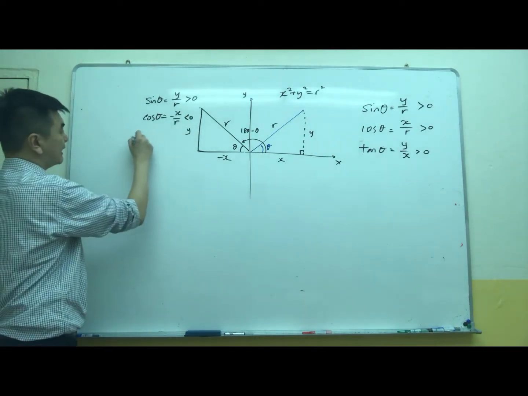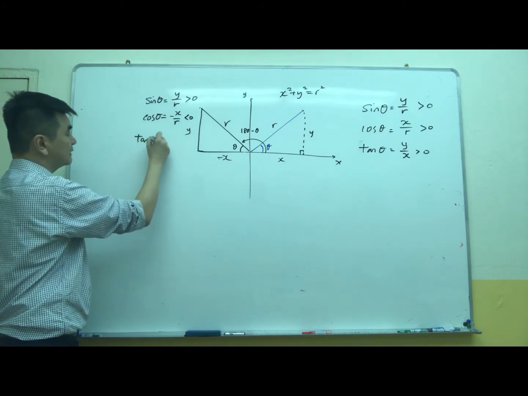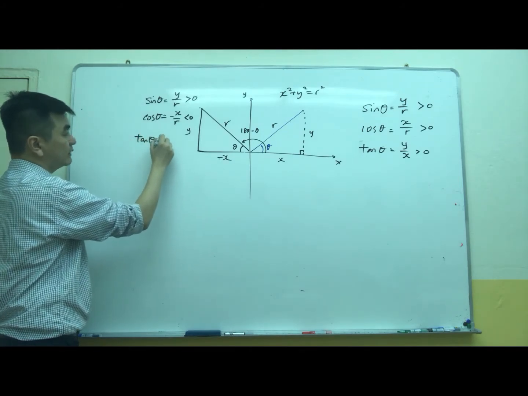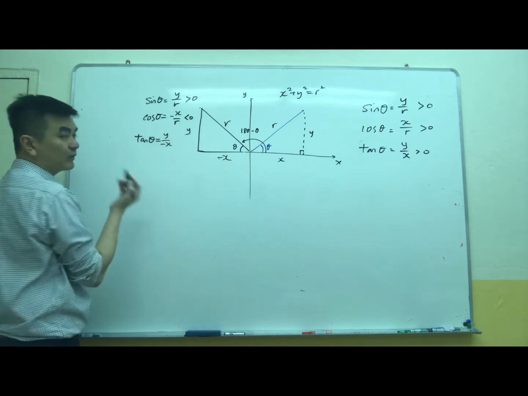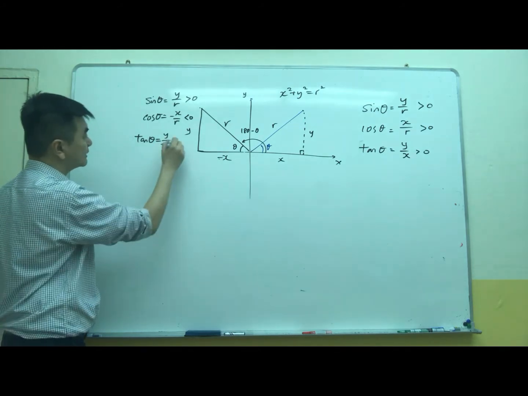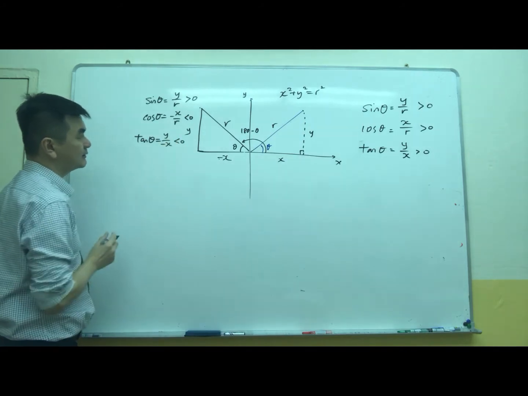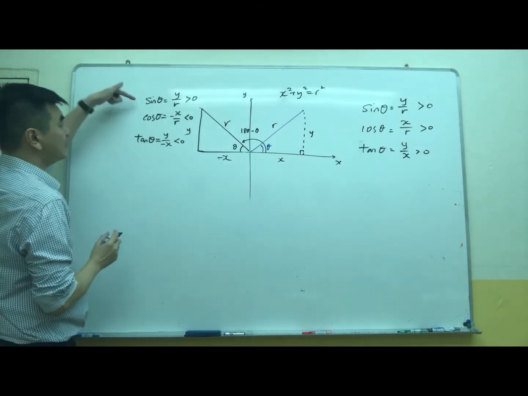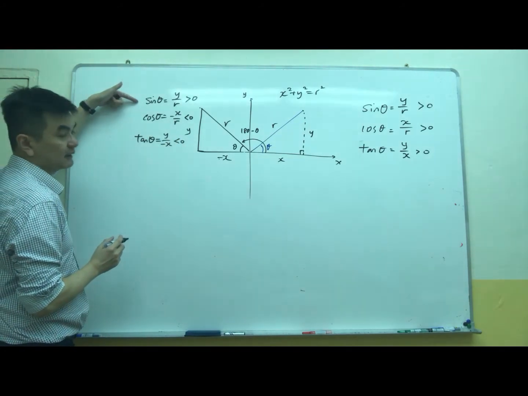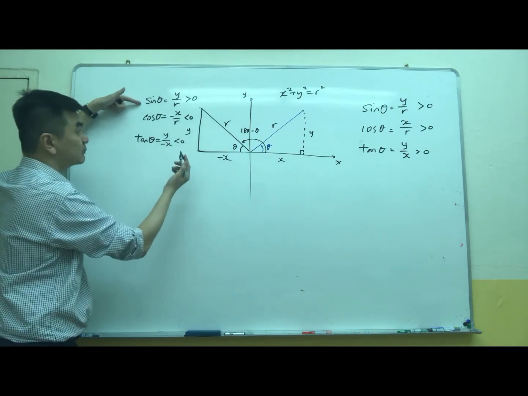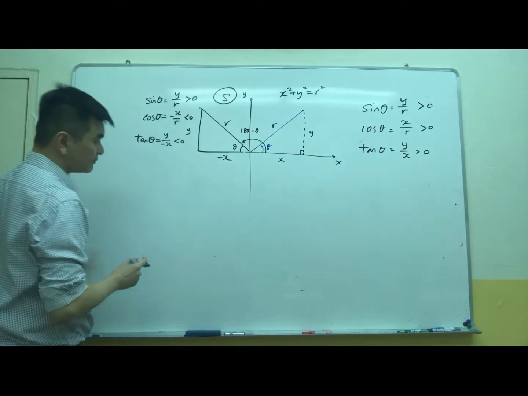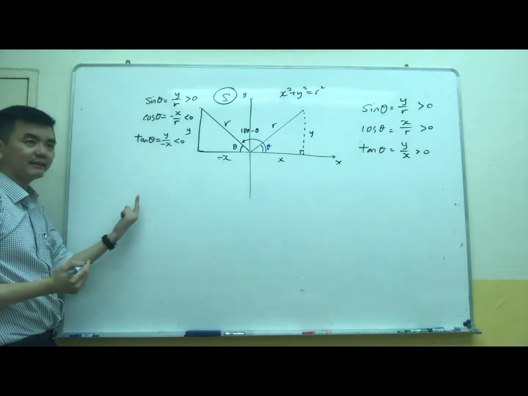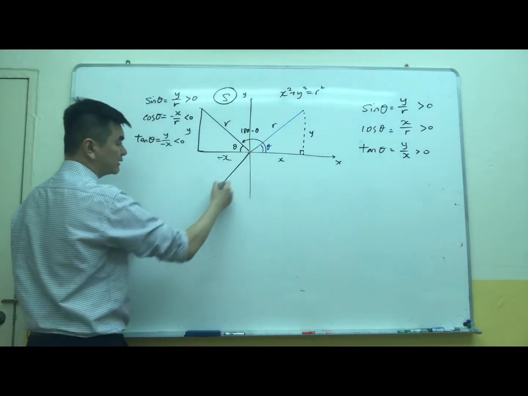Last but not least, tangent theta is y over minus x, and since one quantity is negative in the denominator, this is less than 0. In this case, only the sine of an obtuse angle is positive. So I've got S here, and it's positive.